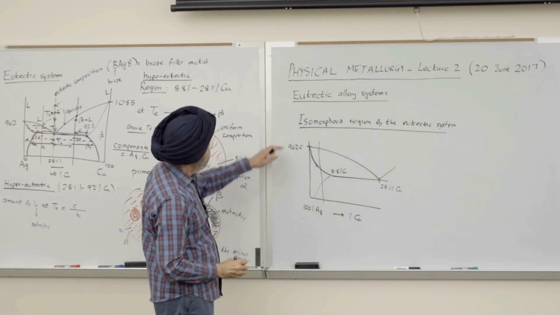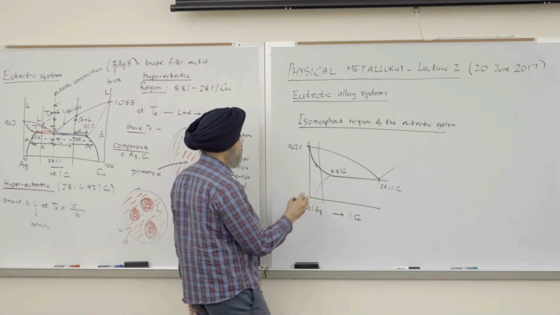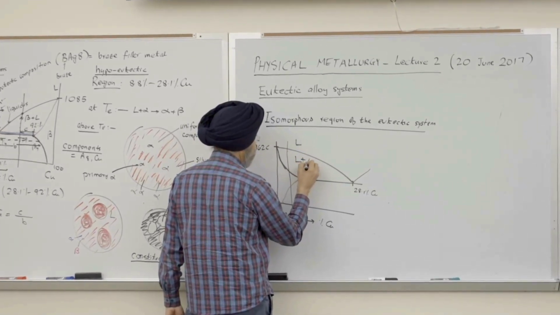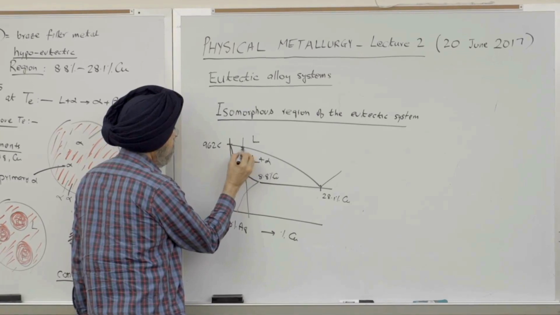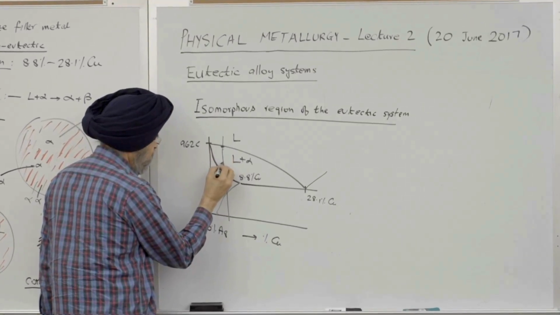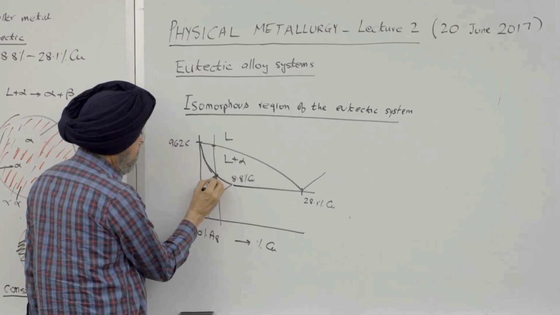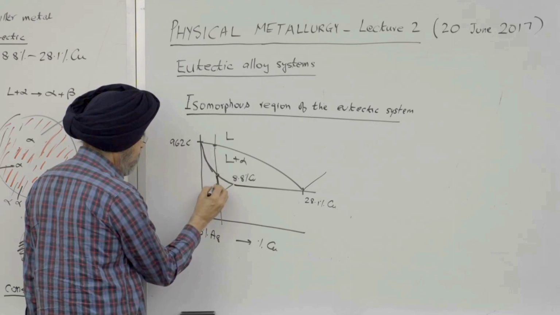This is the isomorphous portion of this alloy system. Here we have liquid. Here we have liquid plus alpha. So when we come down below this temperature, the alpha is precipitating out, and the amount of alpha is increasing. At this point, it is all alpha. So it's all alpha in this range.